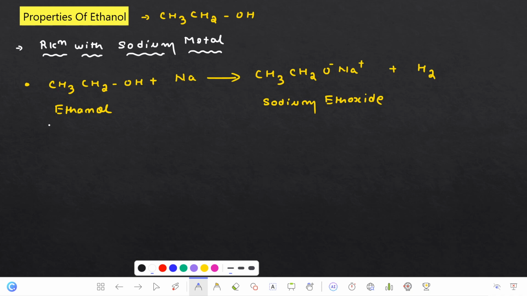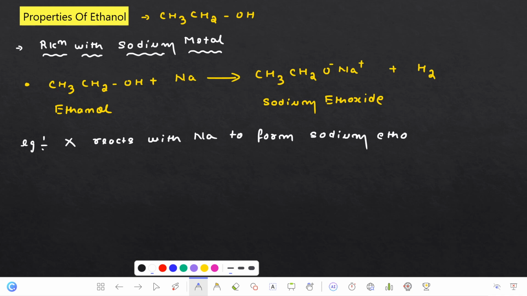like X, I will write the example. X reacts with sodium metal to form sodium ethoxide and a gas Y that burns with a pop sound.